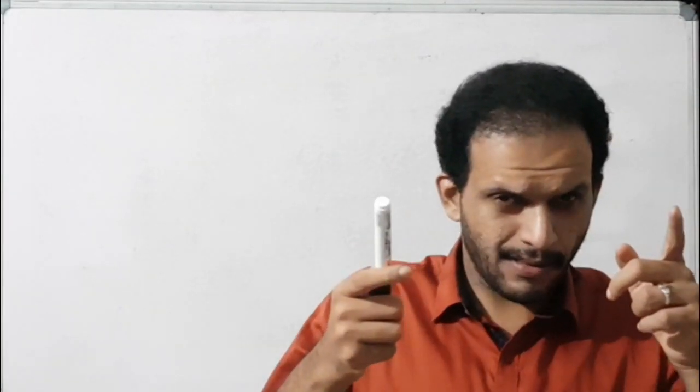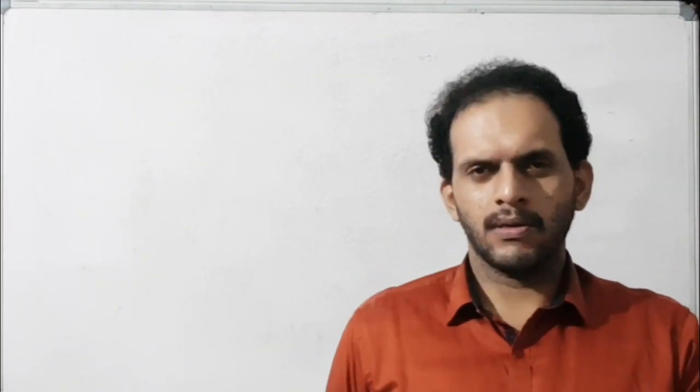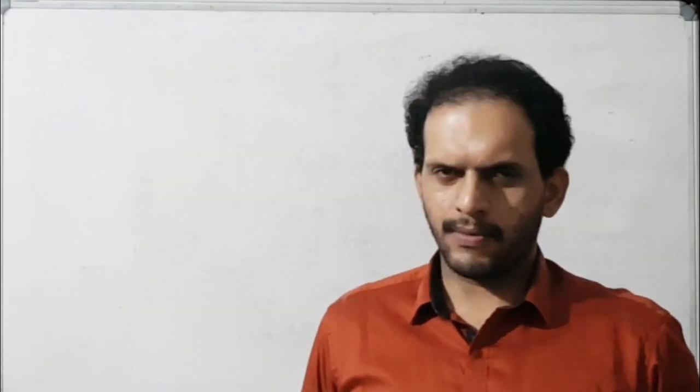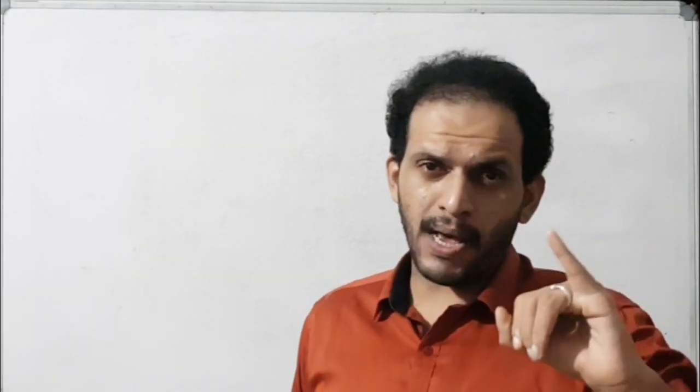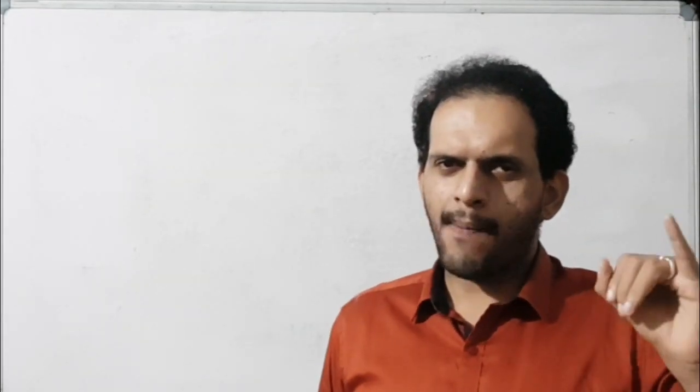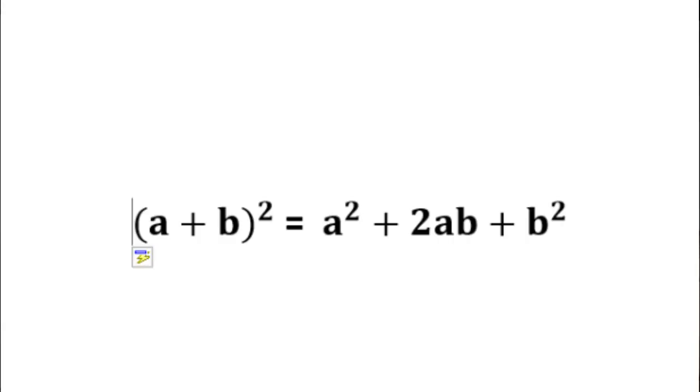Did you remember that? What is that one? First identity. What is that? A plus B whole square. A plus B whole square is equal to A square plus 2AB plus B square.